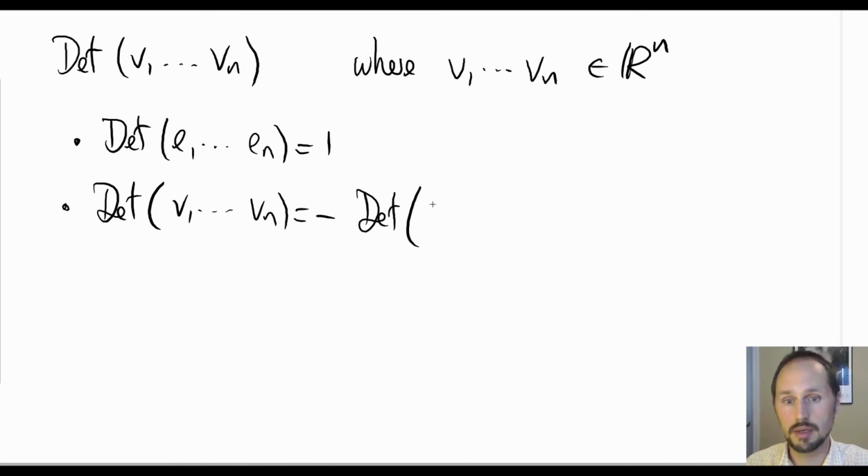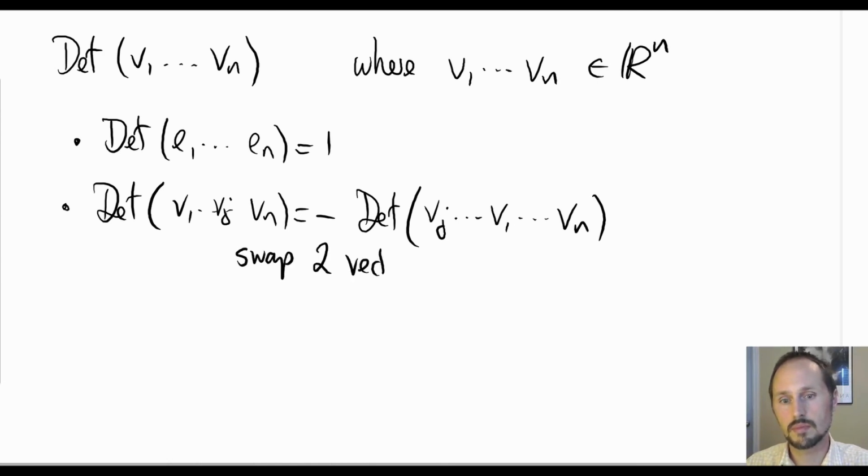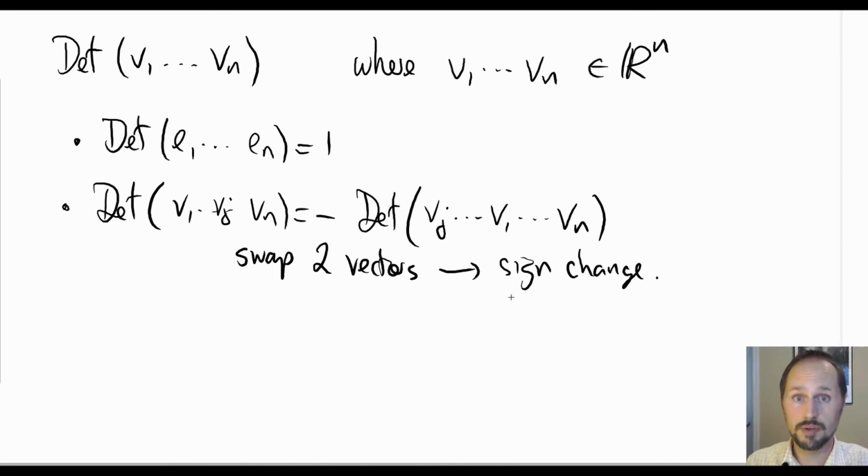So let's say there's a vj here in the middle. Let's put vj here, a v1, and then vn. So we get that if we swap two vectors, the sign changes. Now, it doesn't matter which two vectors you swap. If you swap any two vectors, you get a sign change.